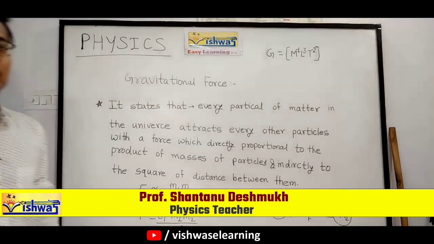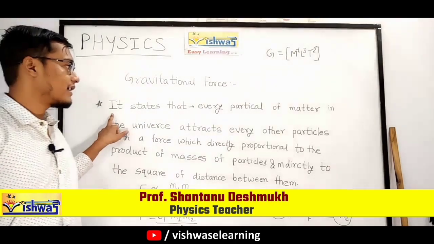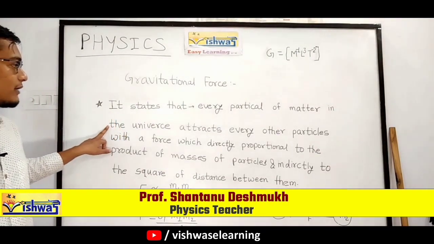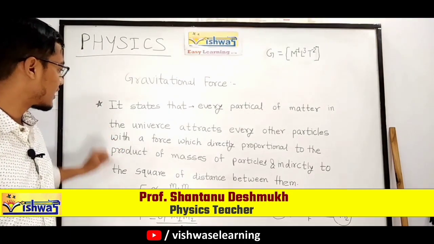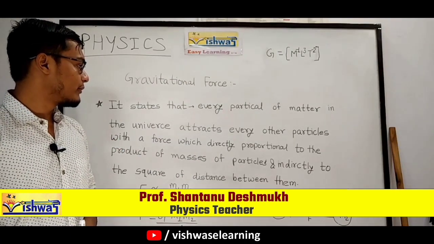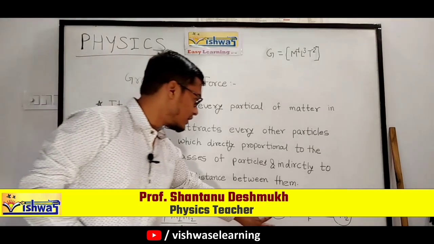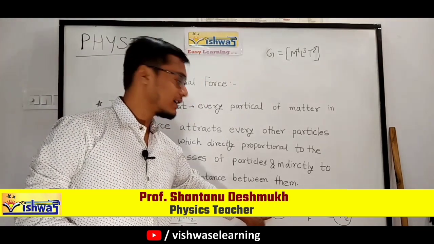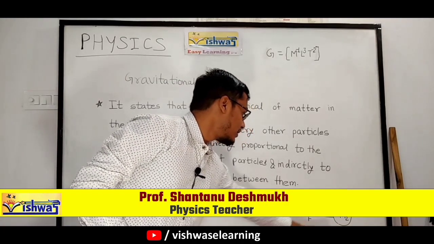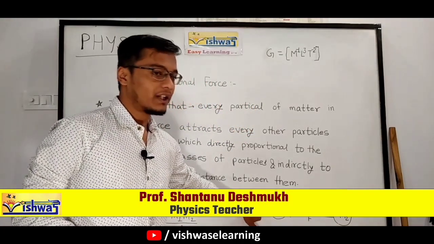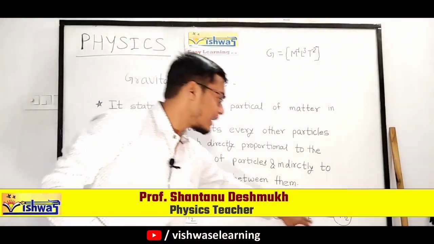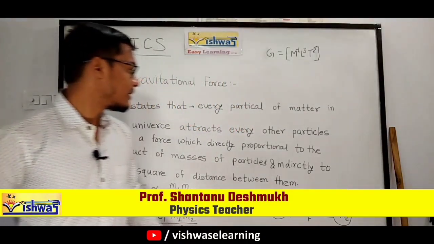According to the gravitational law, every particle of matter in the universe attracts every other particle with a force which is directly proportional to the product of the masses of the particles. Here m1 is the mass of the first particle and m2 is the mass of the second particle.